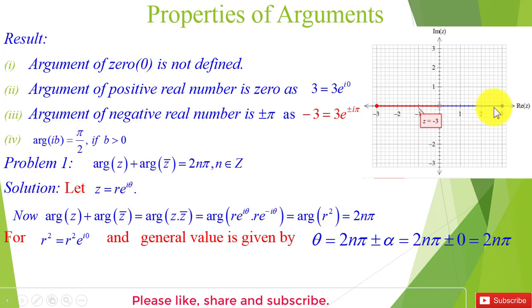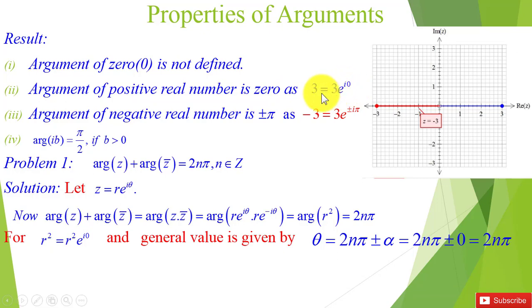So this line makes 0 degree with positive x-axis or positive real axis. Therefore, argument of this positive real number is 0. This is 3 is equal to 3 into e raised to the power i0. For this, argument of positive real number is 0.